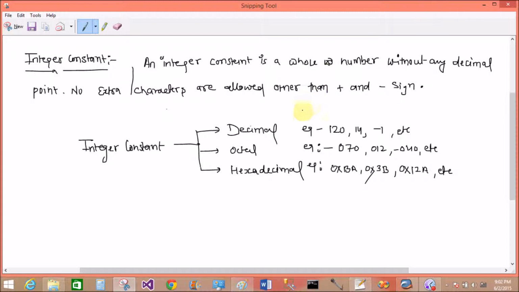So what is the specific range of the decimal integer constant? Let's talk about decimal integer constants. In a normal program we always use %d. The %d is a symbol of decimal integer constant.